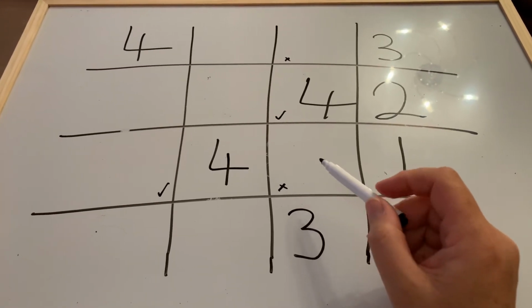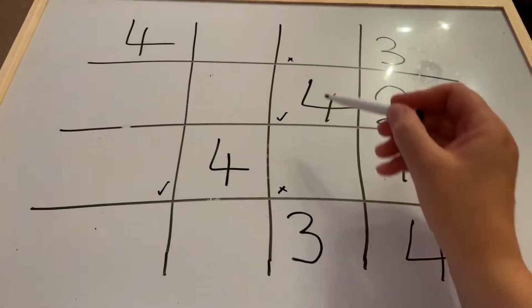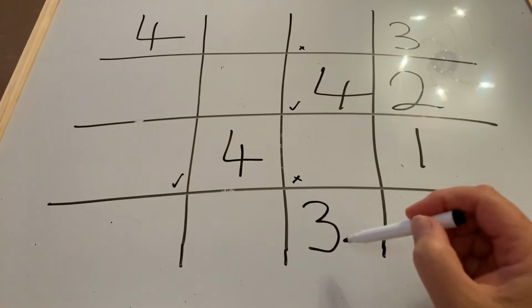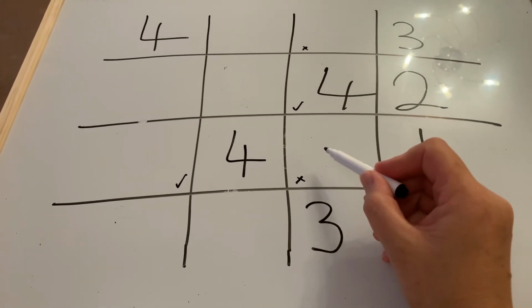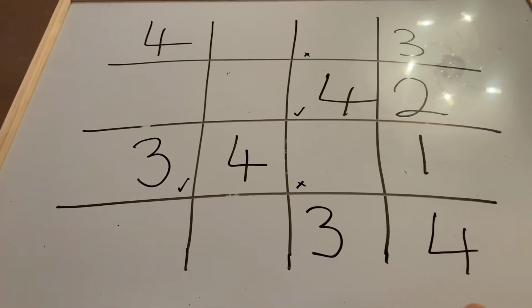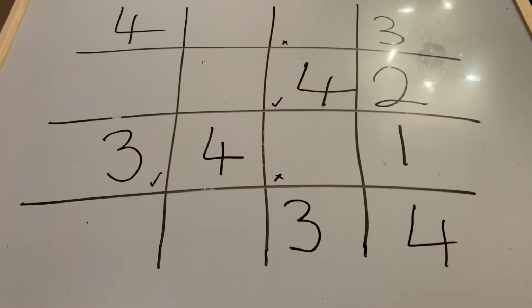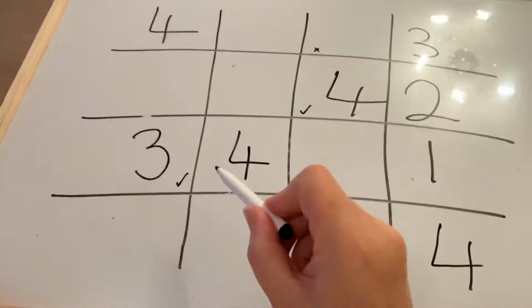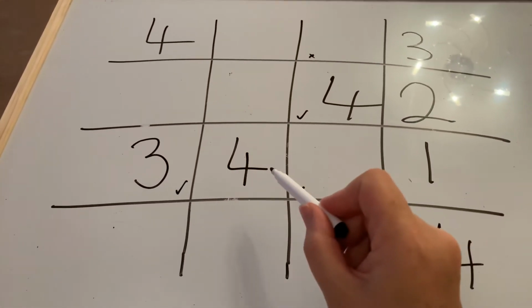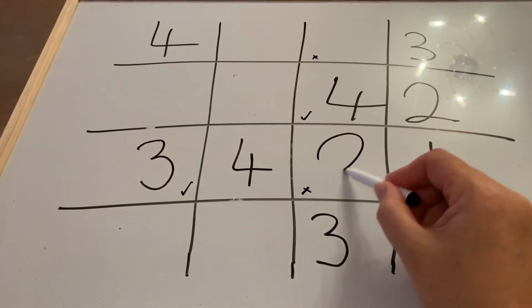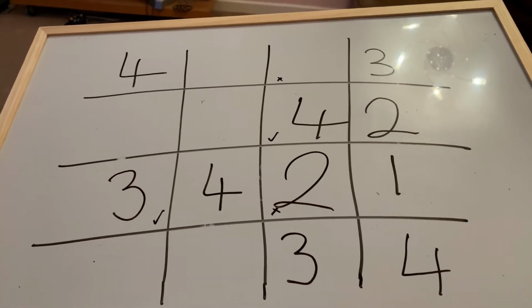No, I hear you shout, because if I look up the column, there's nothing there, 4 there, but here there is a 3, so I could not put a 3 here. So I'm going to put my 3 there. Right, so then if I look along this row here, I've got 1, 3 and 4. So the missing number, I hear you shout at me, is 2.